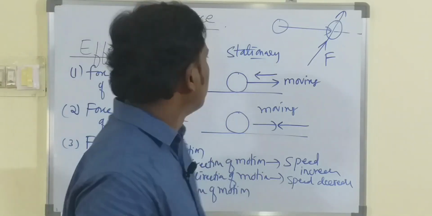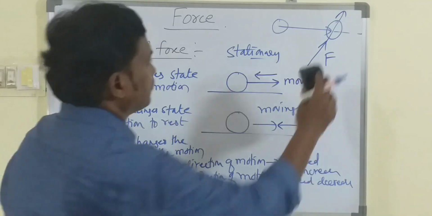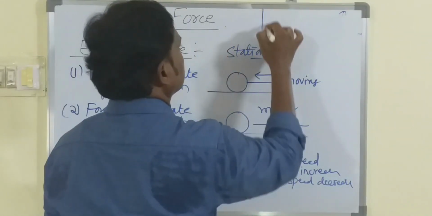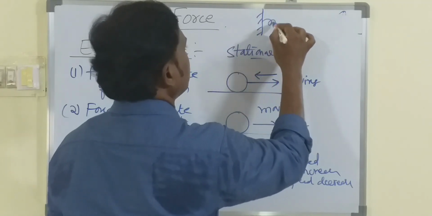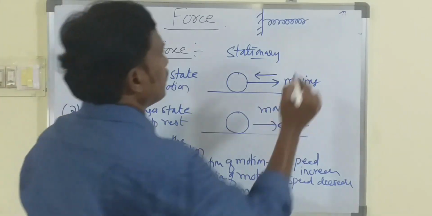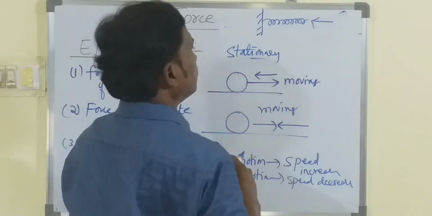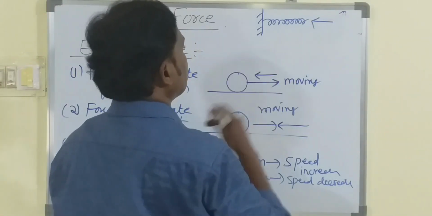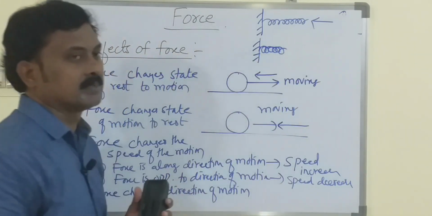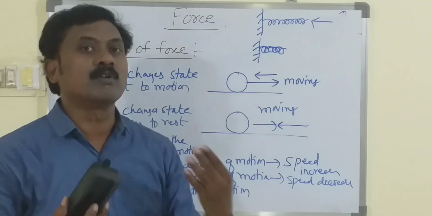Next, last. Suppose you take a spring. So we have a spring. This is the shape of the spring. Suppose when we apply force here, the spring will be compressed. That is, it is undergoing deformation.